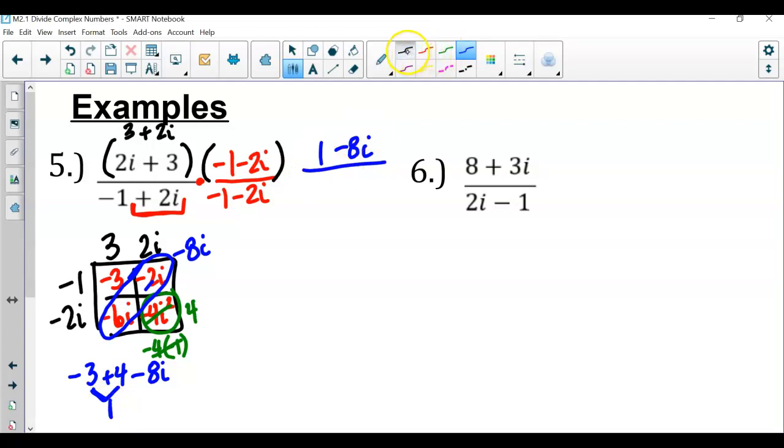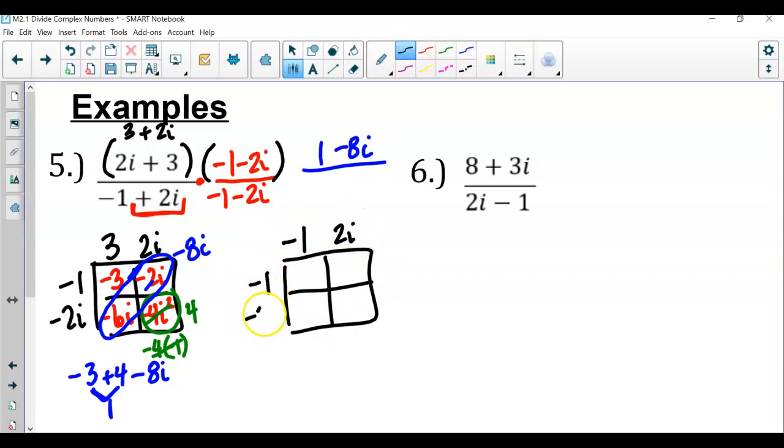Now we need to solve our denominator. So again, box method. I've got negative 1, positive 2i, times negative 1 and negative 2i. Negative times a negative is a positive 1. 2i times negative 1, negative 2i. Now here, be careful, because that's a negative times a negative, positive 2i.